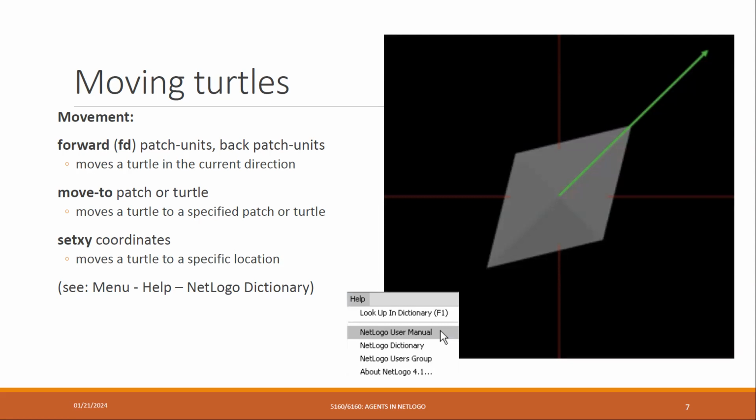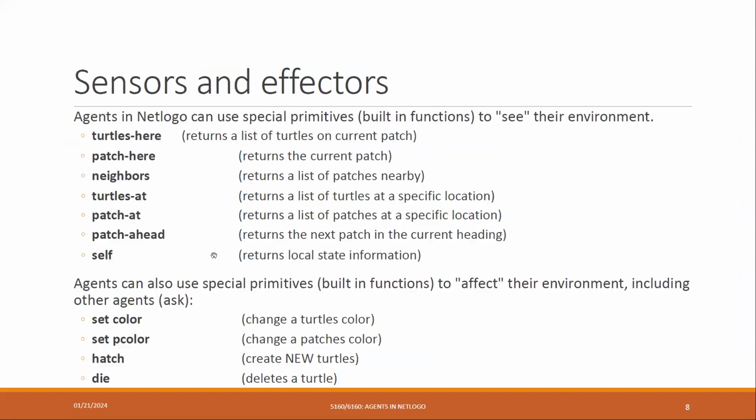And then if you put move-to, and then put a patch or some specific coordinates, then they're going to move to that destination. And then you can also use setxy to move to the destination XY. So there are several of those functions. We're going to use move-to for today. All right. Yeah, we don't have to get into it right now.